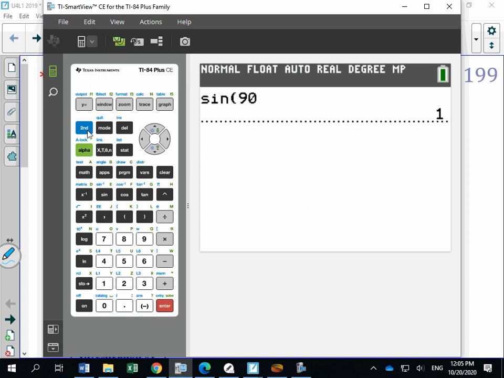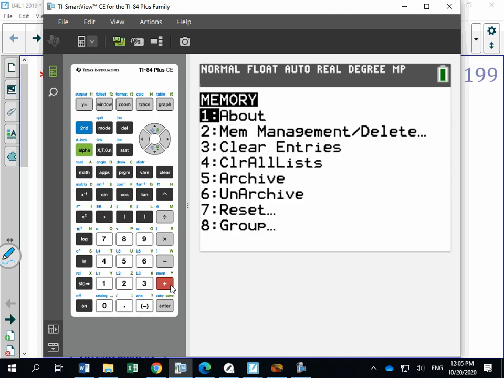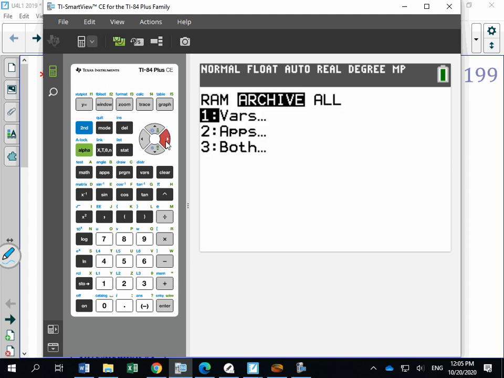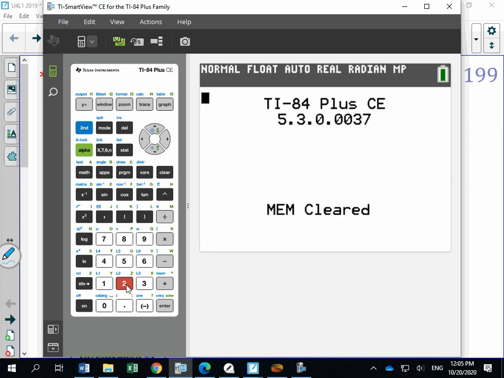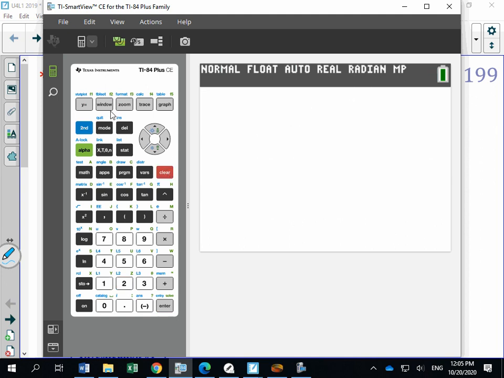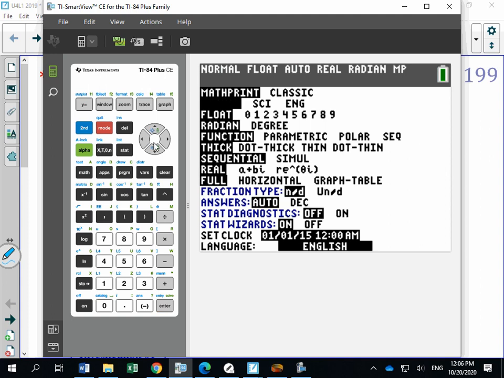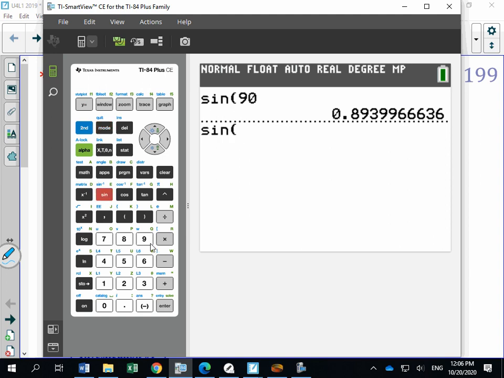Watch what happens as soon as I reset my calculator, second plus 7, 1, 2, and type in the sine of 90. If this pops up, you are not in degree mode, you're in radian mode. So I'd go to mode, degree, and now we're in degree mode. Then the sine of 90 degrees is always 1.